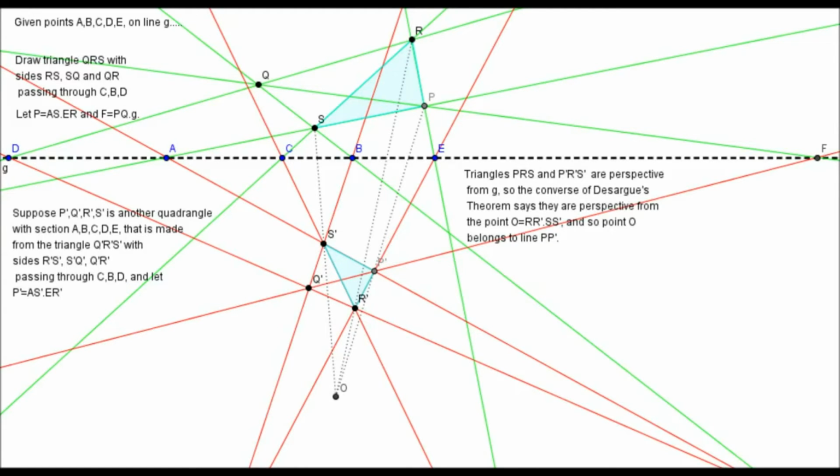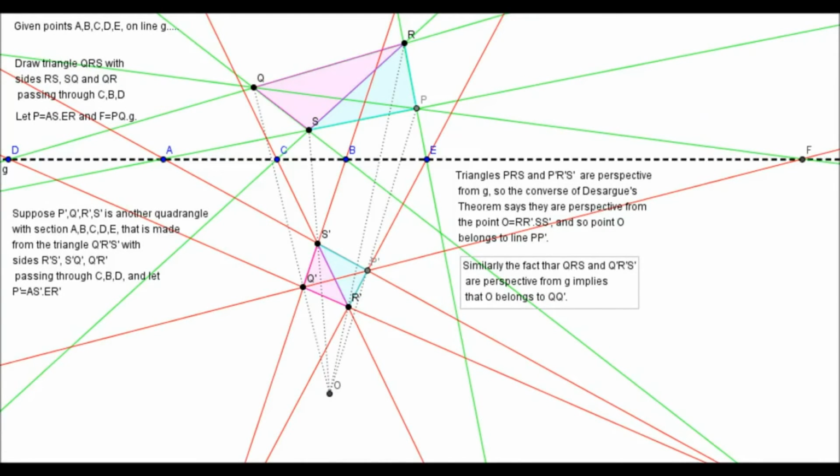What's nice here, the clever part of this proof, is that we can carry on and look at more triangles and apply this argument again. If we look at the triangle QRS and triangle Q'R'S', again they're both going to be perspective with respect to g, and so again they're going to be perspective with respect to a point.